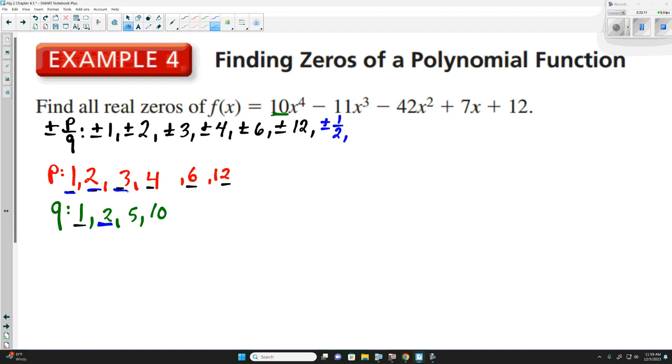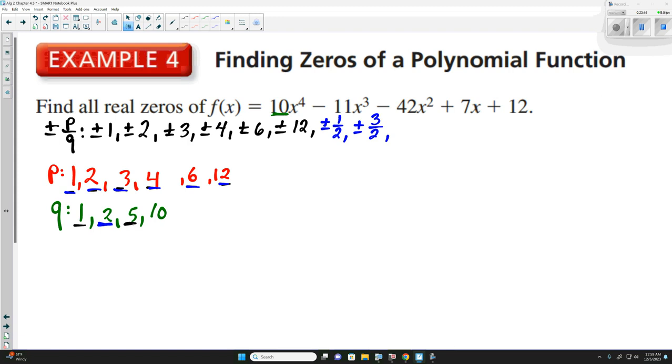Next, 3 divided by 2 is 3/2, because 3 does not divide by 2 nicely. The one after that is 4 divided by 2, which is 2. We already have it. 6 divided by 2 is 3. It's already listed. And lastly, 12 divided by 2 is 6. It's already up there. All right.